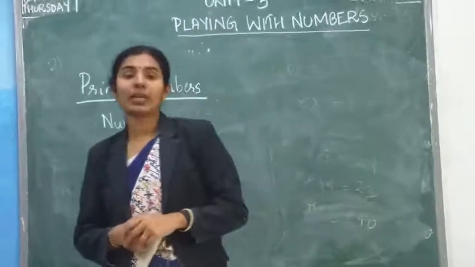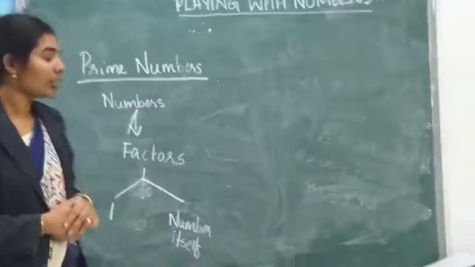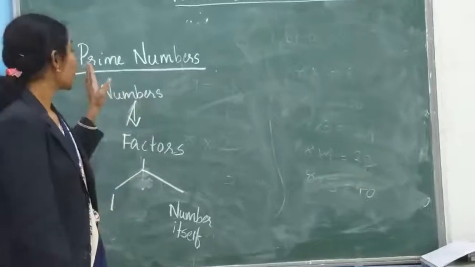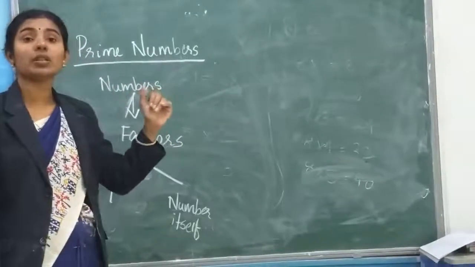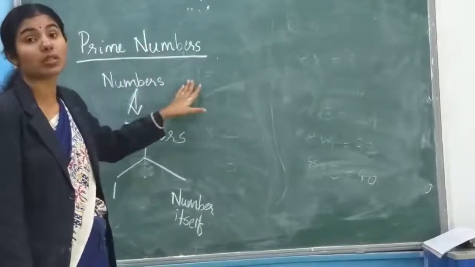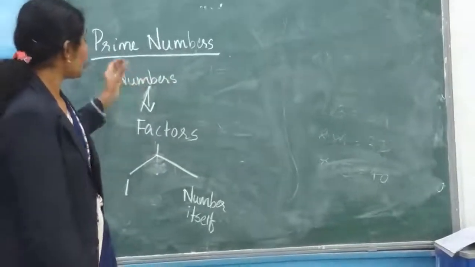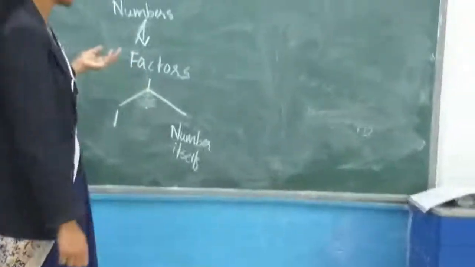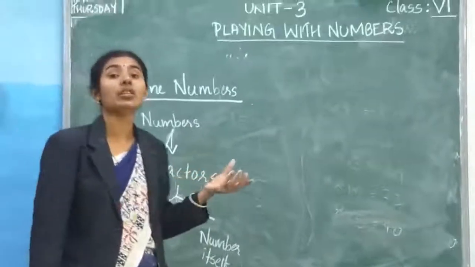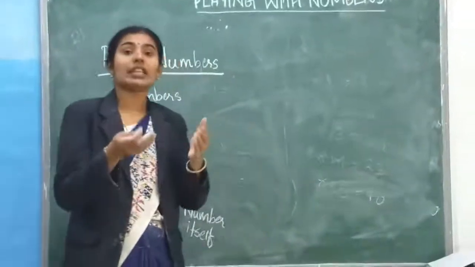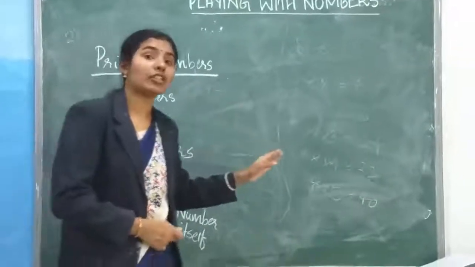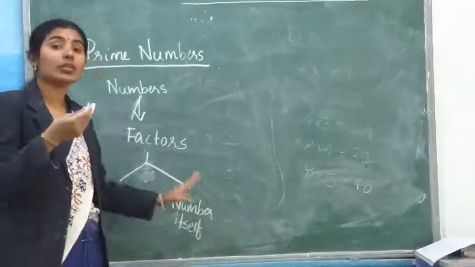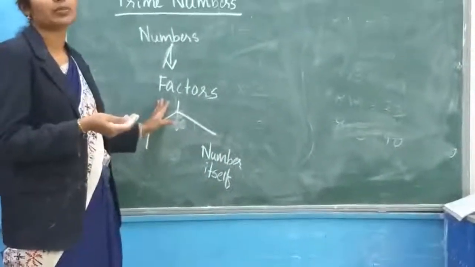Have you studied about prime numbers, children? If you forgot, I will again say the explanation. When can you say a number is a prime number? When you are given one number, first you should find the factors of that number.